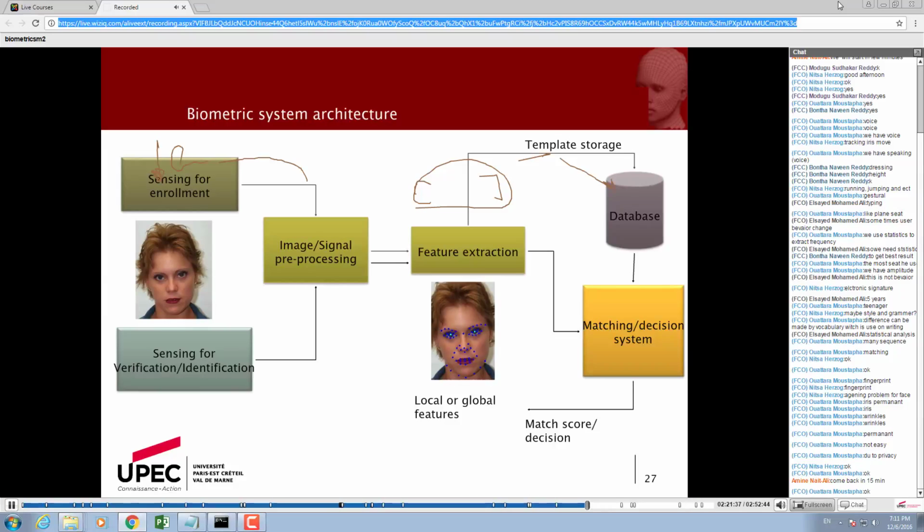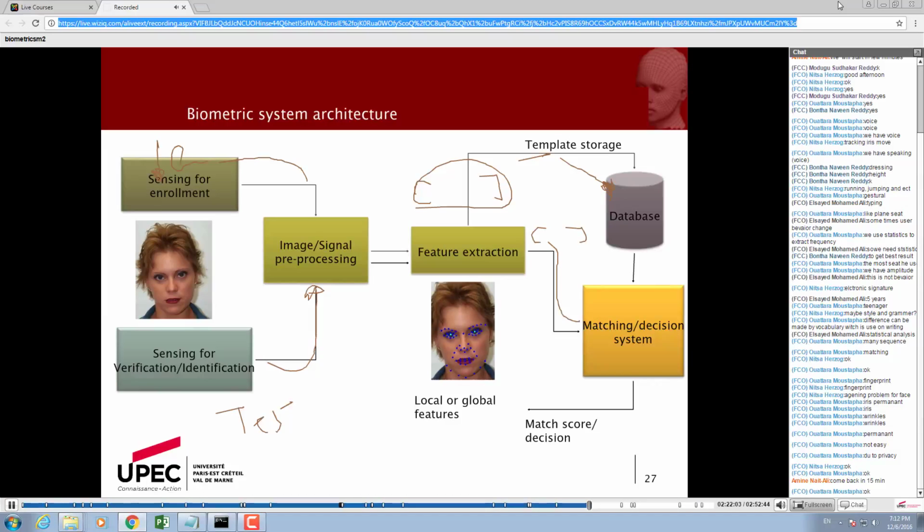We can use a camera, and after this we pre-process the image and we extract just the features. We can see here the features in blue. Okay? So during the enrollment phase, you extract one vector as a template and you store it in the database.